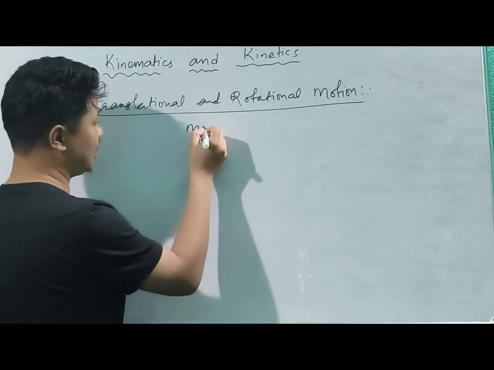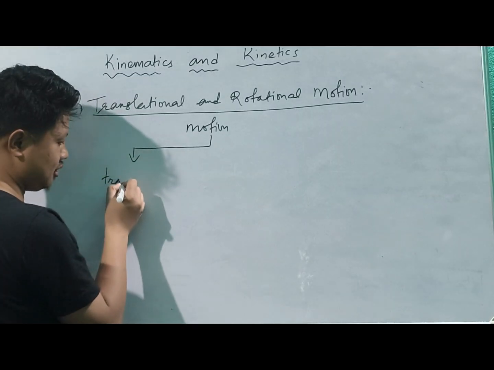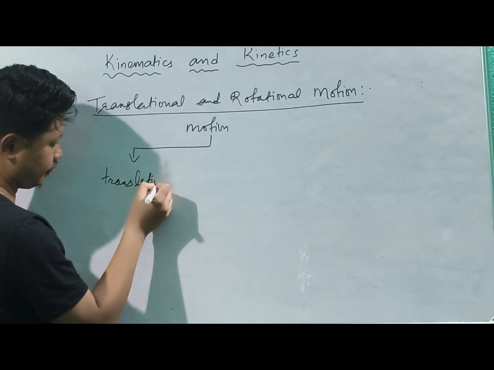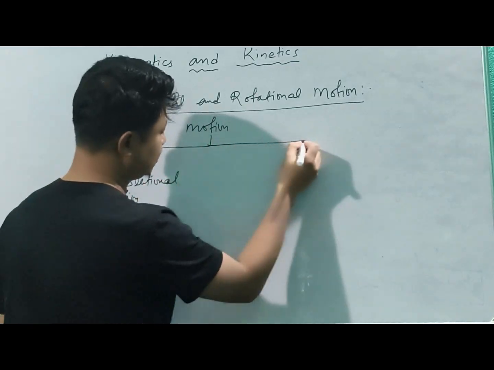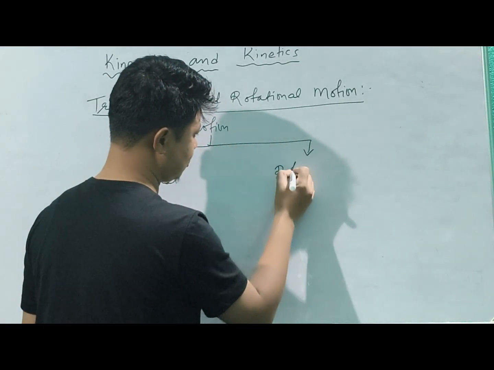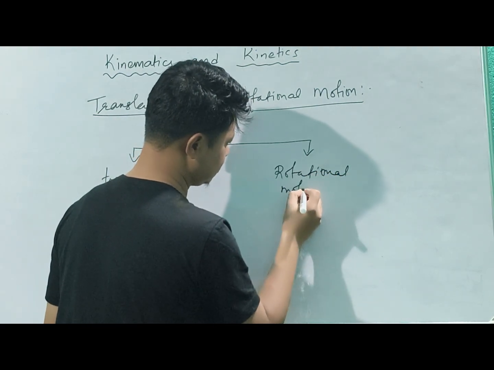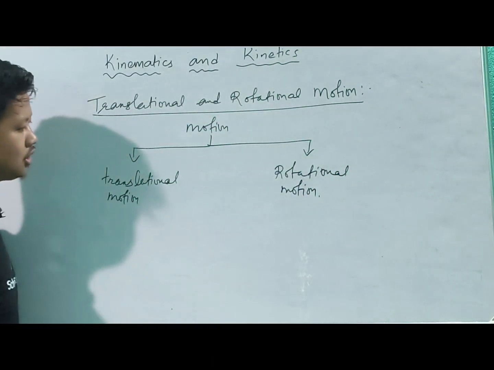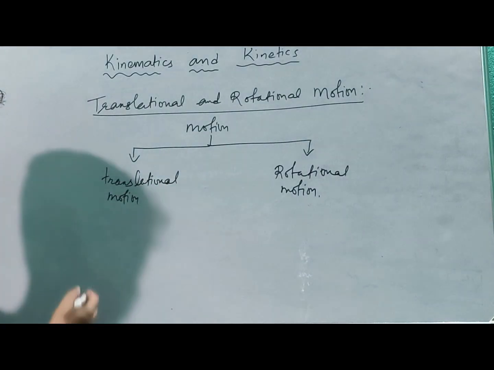If you look at motions, there are two types of motion. Number one is translational motion, and number two is rotational motion. Do you understand that? So we have two types of motion: one is rotational motion, another is translational motion.